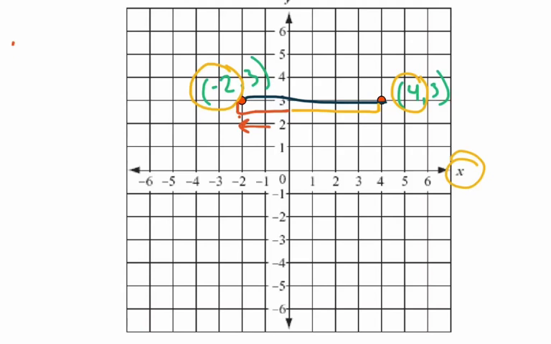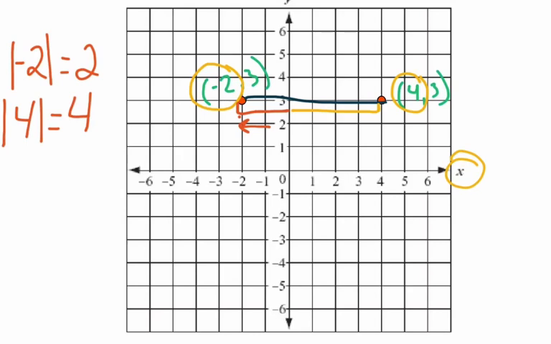So we're just going to take the absolute value of both of our x-coordinates: the absolute value of -2 and the absolute value of 4. The absolute value of -2 is 2, and the absolute value of 4 is 4. And then we're going to add them together, which tells us that this line is 6 units long.